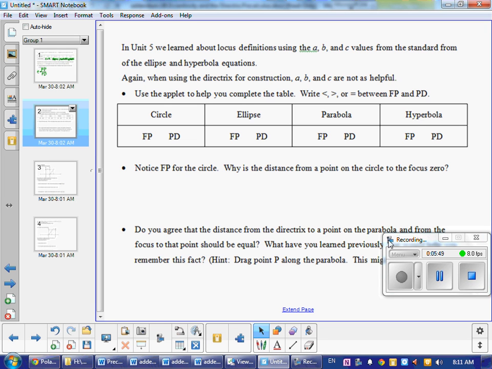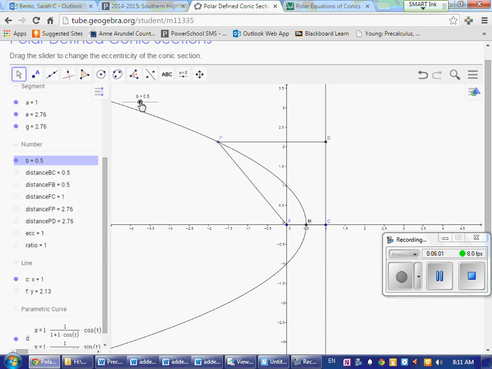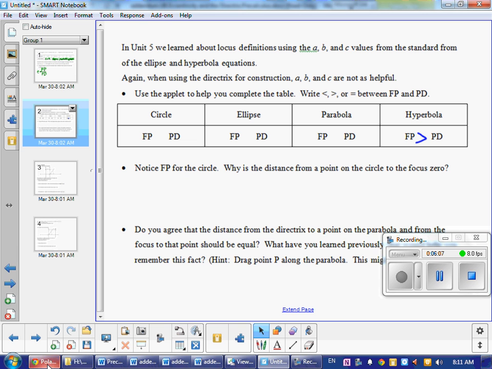Good. So right here I want you to write that FP is greater than PD. What if we have a parabola? What's the relationship between FP and PD then? They're equal. Good. So let's write that they're equal.